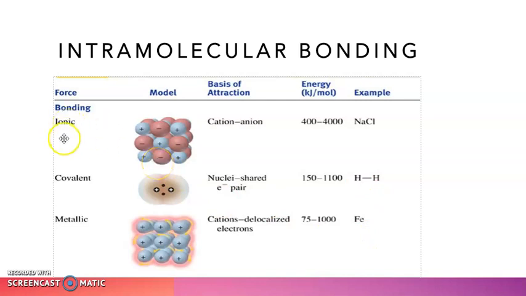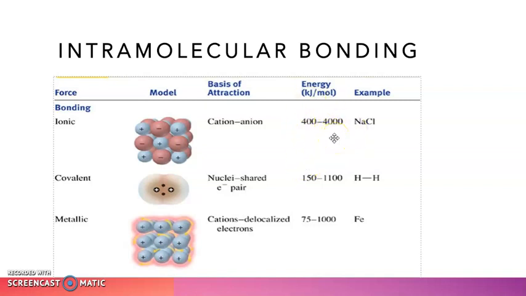Ionic bonds are developed between cations and anions. You can see here one cation is surrounded by an anion and the forces developed are very strong. You can get an idea about the strength of ionic bonds from these bond energies, 400 to 4000 kilojoules per mole.